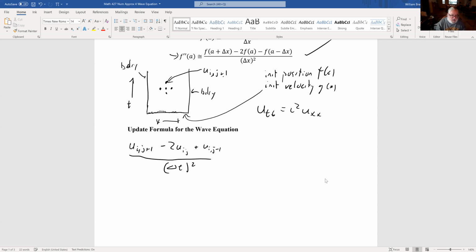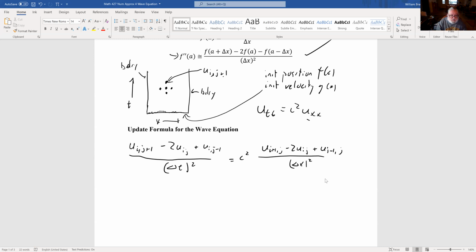So that's saying that u_tt involves this, this, and this. And that should be equal to c squared times u i plus 1, j minus 2 u i j plus u i minus 1 comma j all over delta x squared. So u_xx depends on these 3 points here.